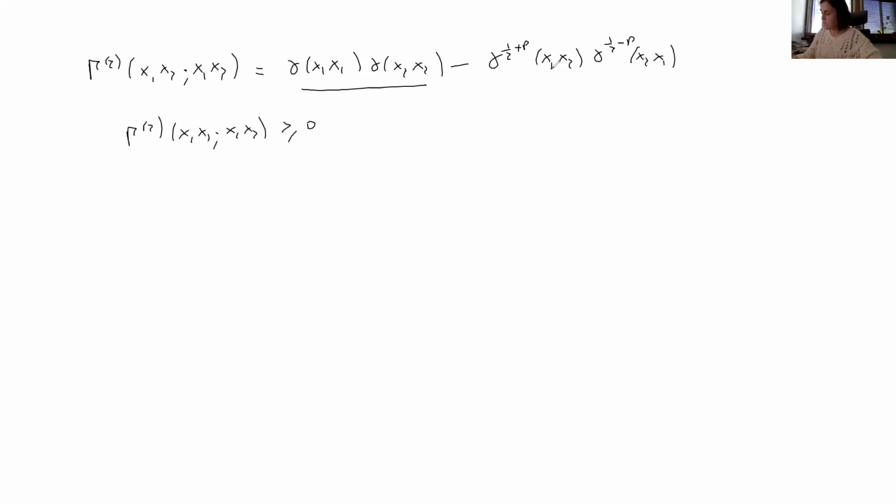Well, using this form with this P, he found that this was negative, okay? And this is not very physical because essentially this is the probability of finding an electron at r with a certain spin, when you have another electron at r2 with another spin, so it cannot be smaller than 0.